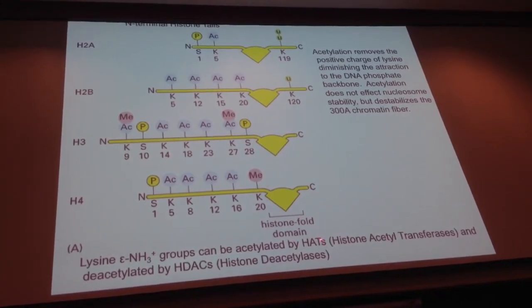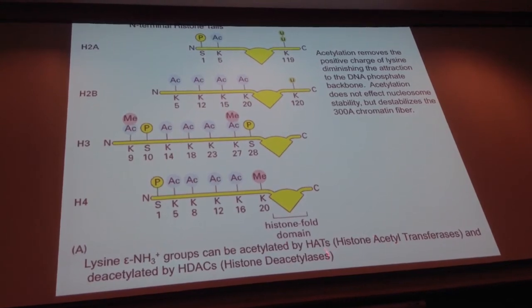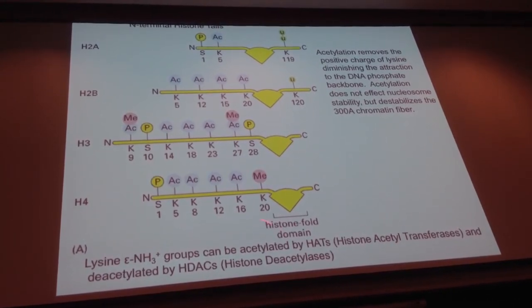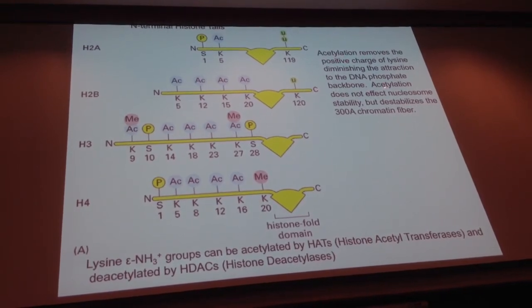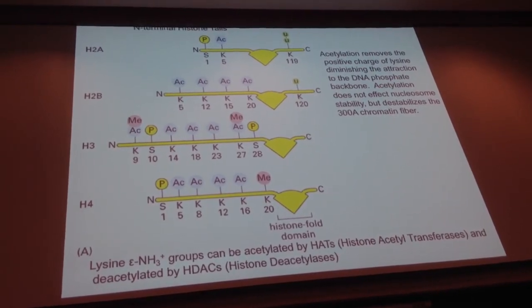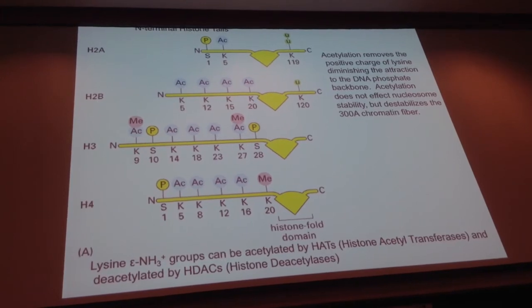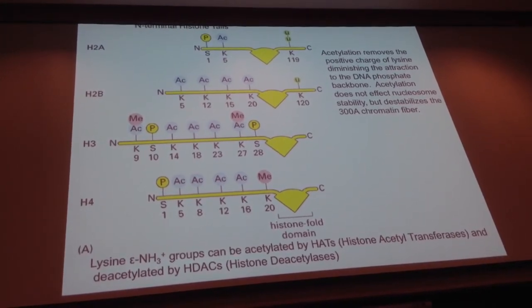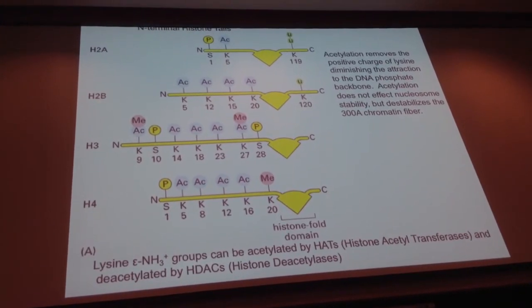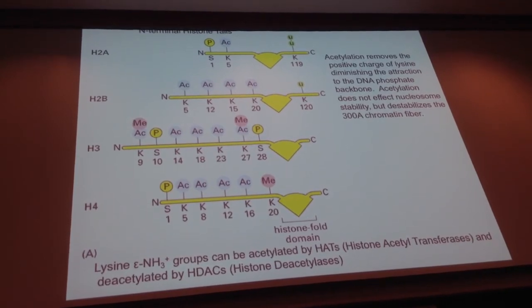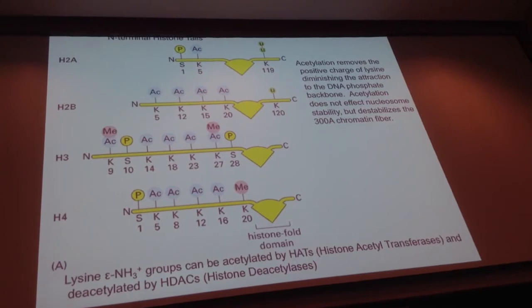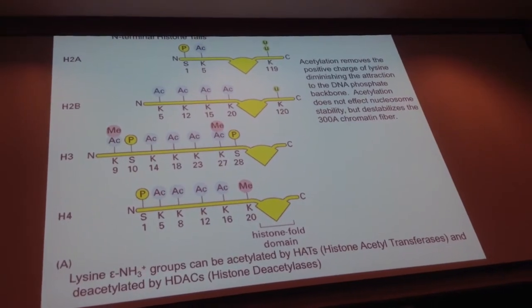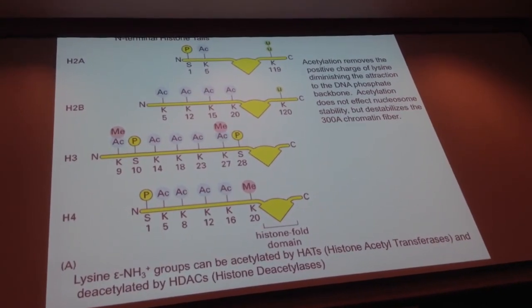Here it tells you once again about the HATs and the histone deacetylases, so it's written down as you can see. Acetylation removes positive charges, and deacetylation does exactly the opposite. Now, you hear about it, we're not going to talk about it, you will in genetics, you will in cell biology, you can talk about inheritance, right, which is not related to the DNA itself.